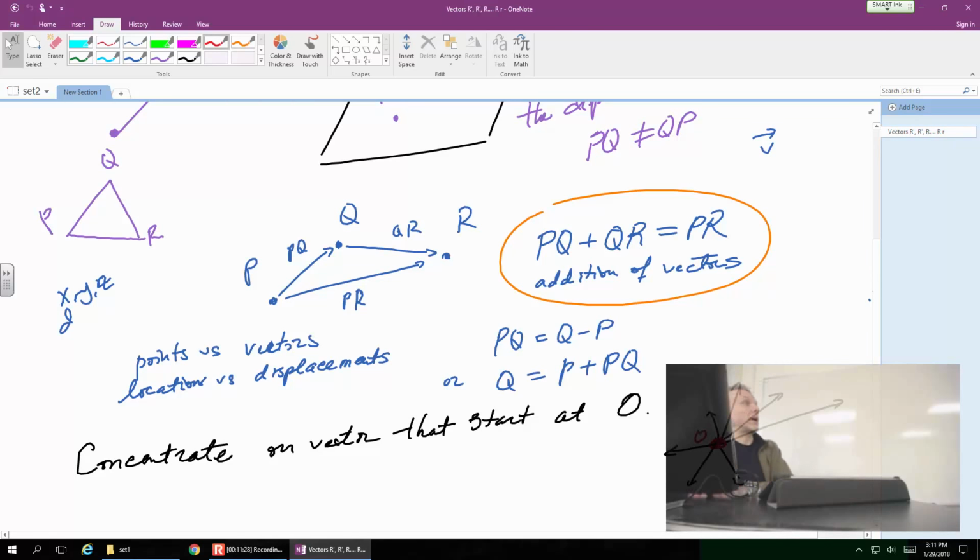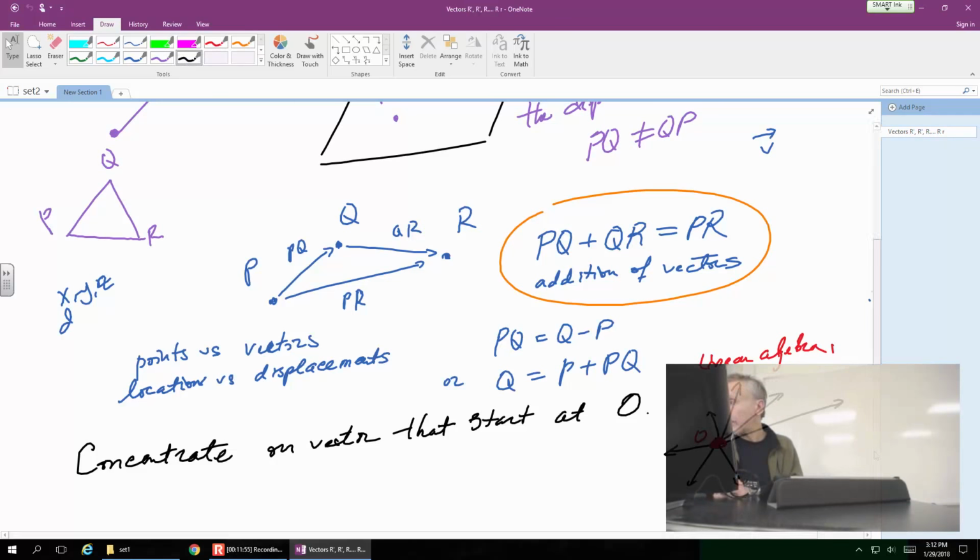That's the part of this setup that we're going to actually investigate. That is the linear algebra. Once again, vectors all originate from the same point. So we can still do addition.